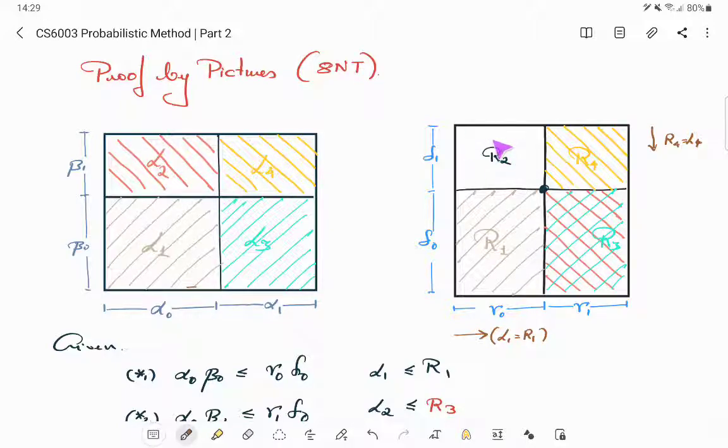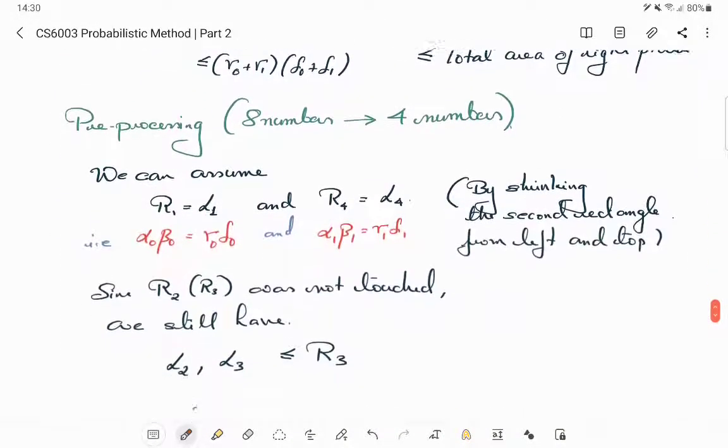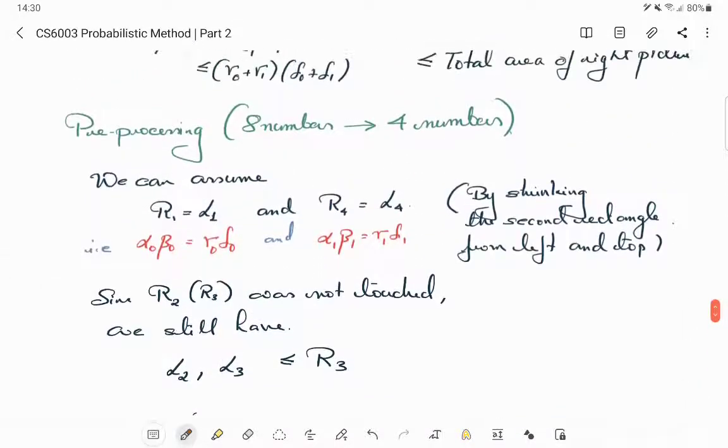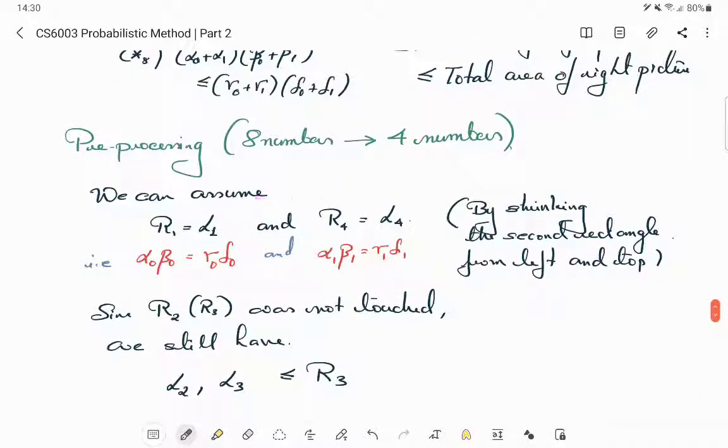The only other rectangle that changed its area was R2, but that's not part of the premises, and the total area only went down. Hence, if you can prove that this is still larger than the left, you are done, okay. So that's what we have done first. We can assume without loss of generality, by these two shrinkings, that R1 is equal to L1 and R4 is equal to L4.